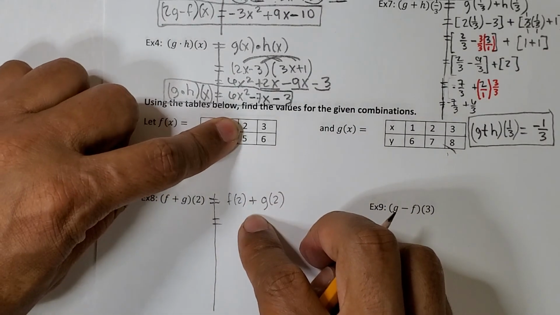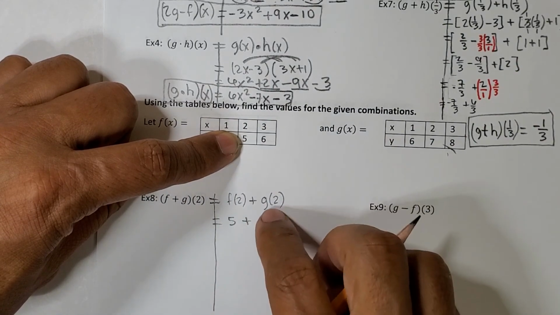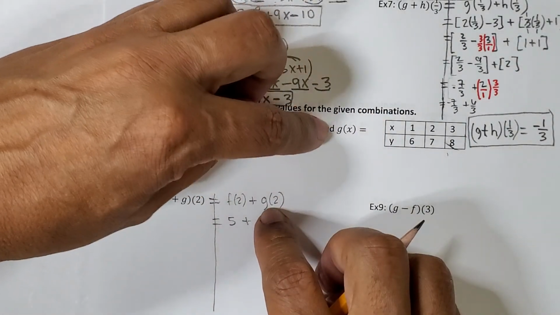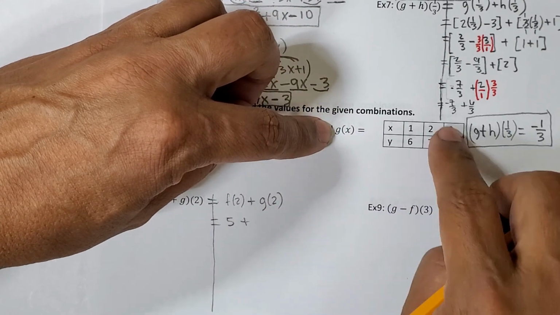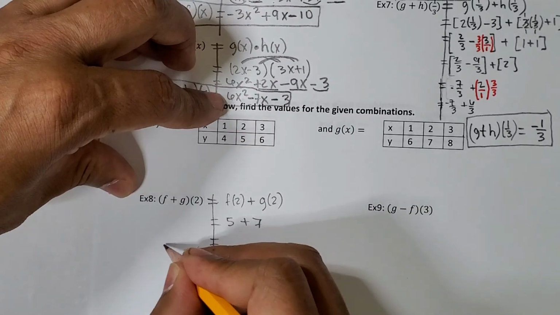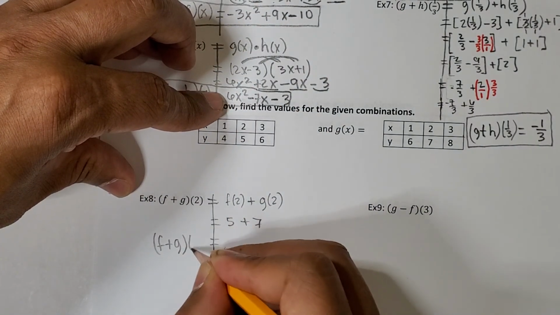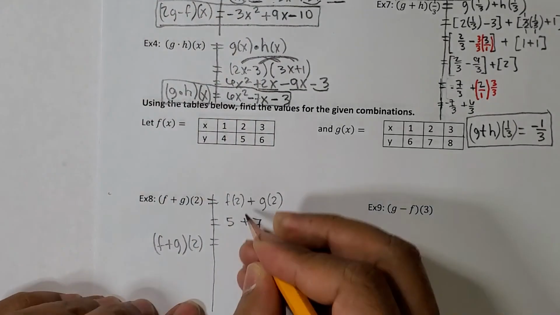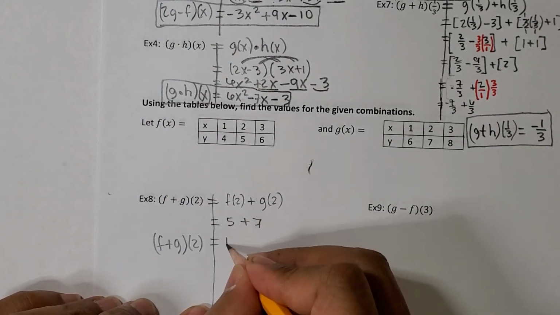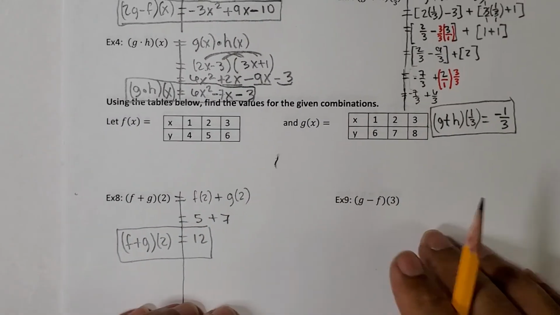So when x is 2, y is 5. Okay? And on g, when x is 2, y is 7. So then I just add them: 5 plus 7, which is 12. And this is the answer to that example.